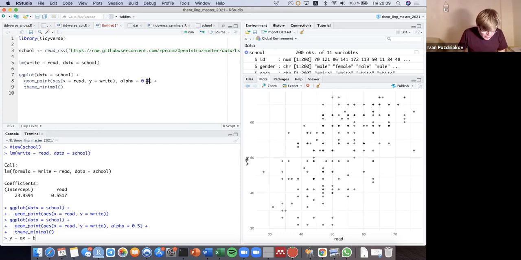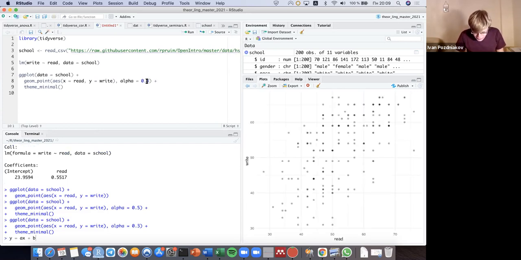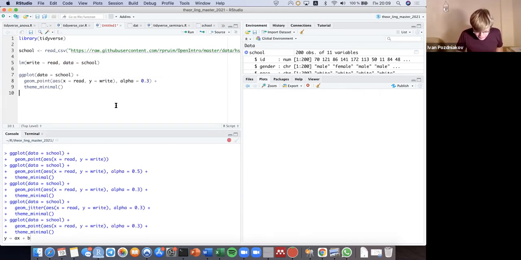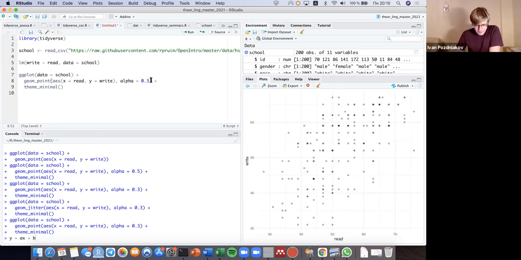Maybe you'll see it if you have lower alpha, or if you use jitter. Jitter adds some small noise to make it more like a crowd of dots. But okay, let's do it without jitter, but with some low alpha.